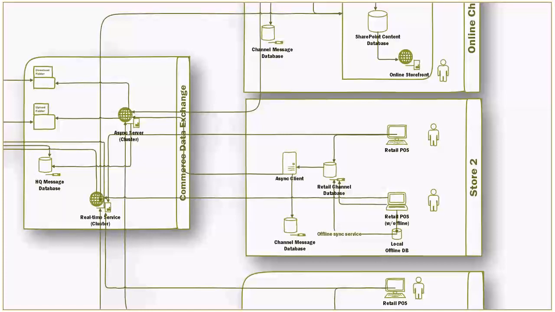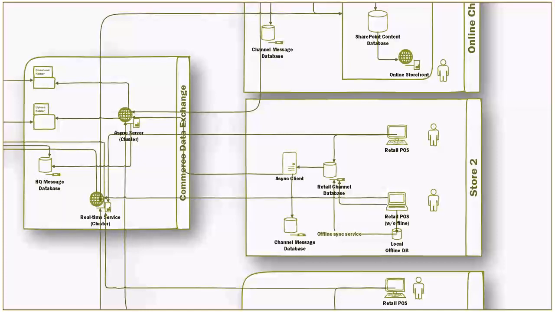Once you install the offline sync service, you run the database utility and you select the option to provision an offline database. What that would mean is you provide parameters that indicate to the offline sync service which channel database and which offline database need to be synchronized.